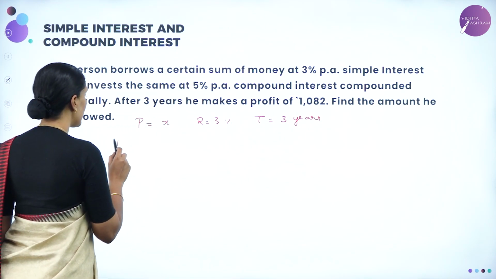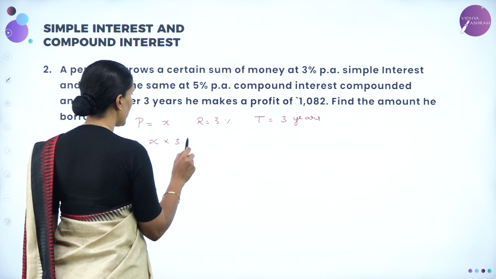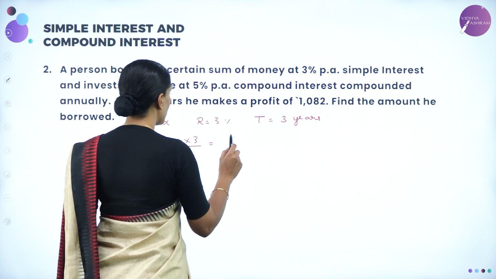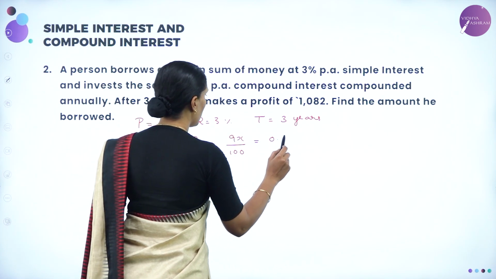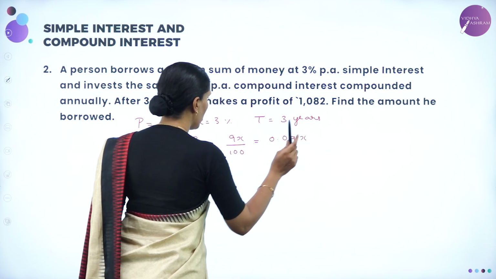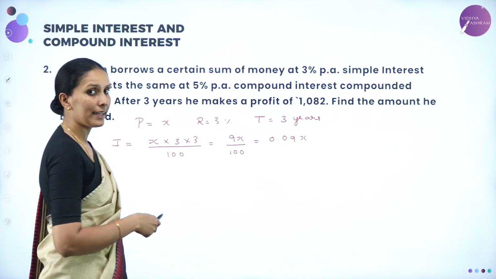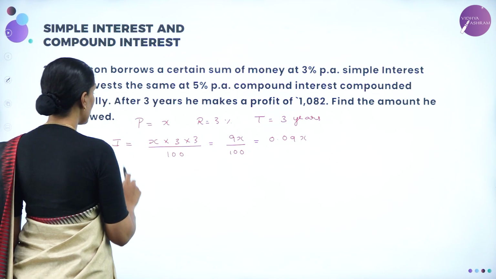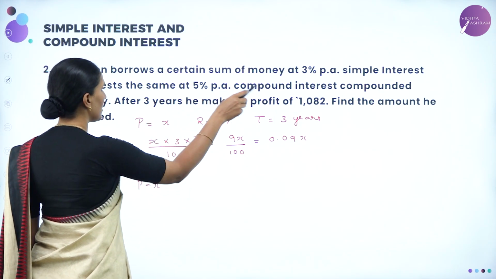Now again I is equal to PTR by 100, using it X into 3 into 3 divided by 100, which is 9x by 100, which can also be written as 0.09x. We can also keep this in fractions, no issues, or we can keep it in decimals. Now the same amount, that is the principal X, he invested at 5% compound interest.